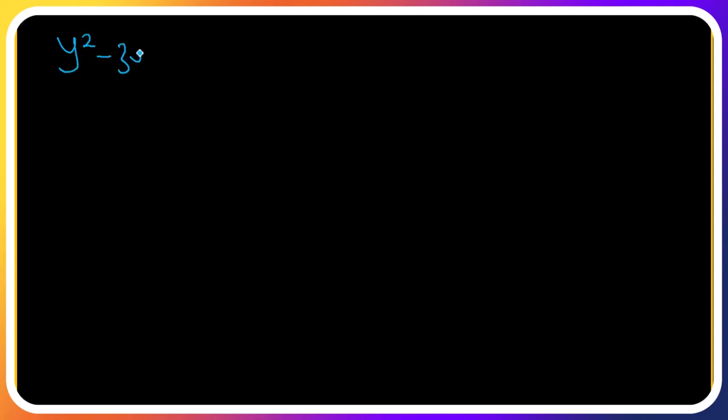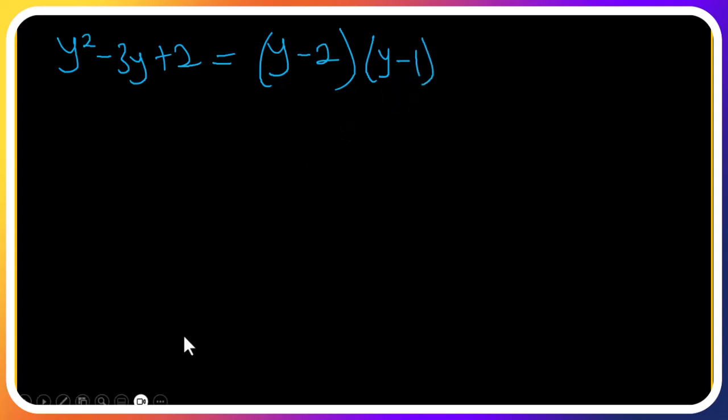Y squared minus 3y plus 2 is also giving us y minus 2 as one factor, y minus 1 as the other factor.